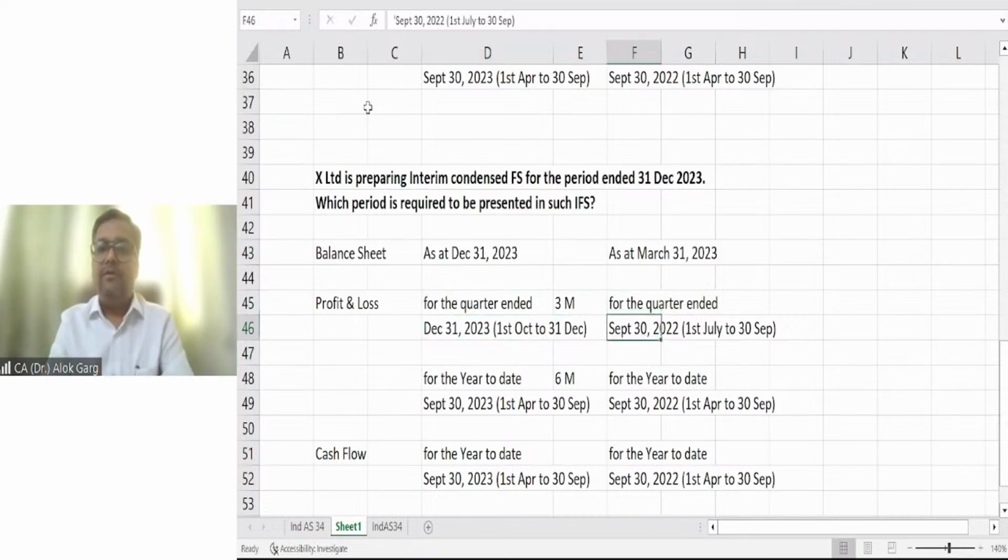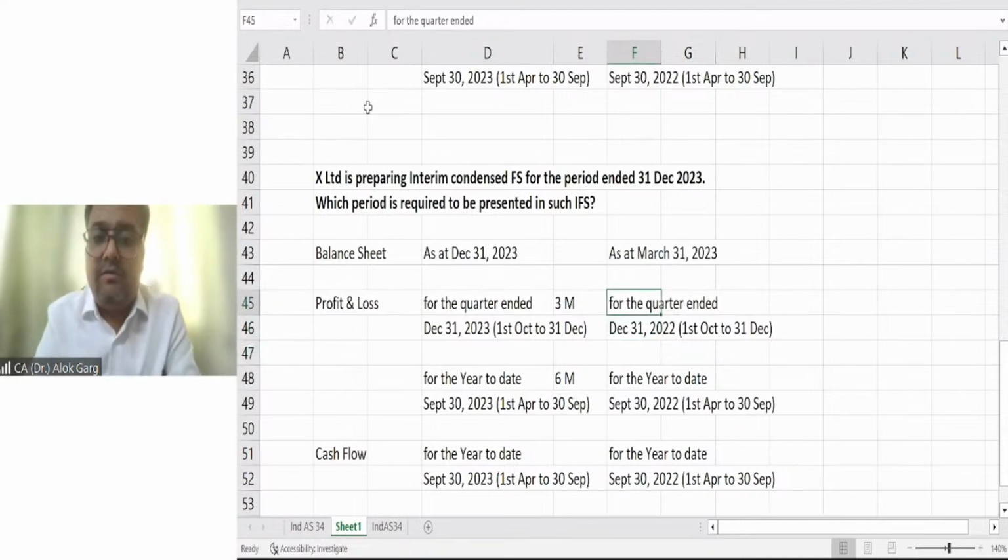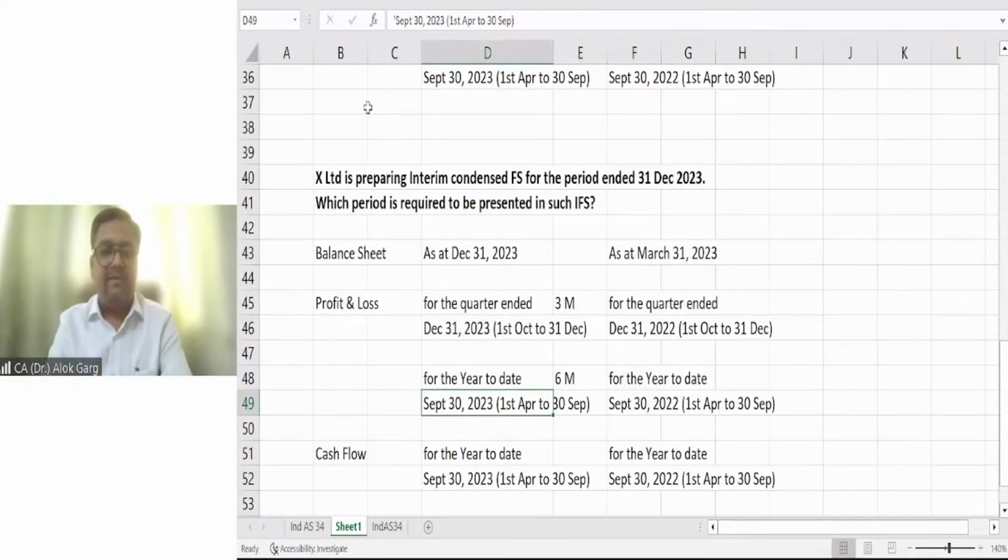Right? For the quarter ended, same comparison period. Comparative period is also same. So let me put this here also. So comparative is the last year quarter, the same quarter of last year.